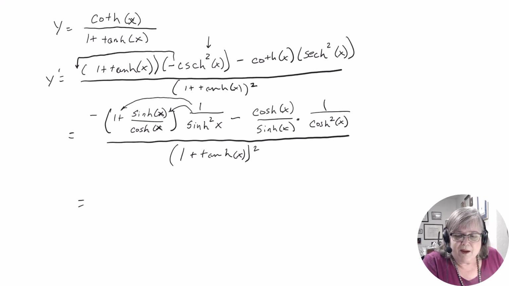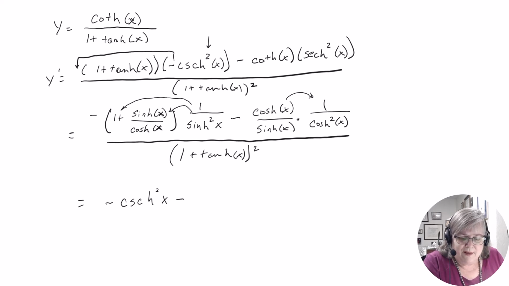And likewise here, when you multiply this over, one of the hyperbolic cosines is going to cancel the other one. So when I multiply, I have minus 1 over hyperbolic sine squared of x times 1 is just itself, so I'm going to change it back to hyperbolic cosecant squared. Now I'm going to distribute the minus as I go.